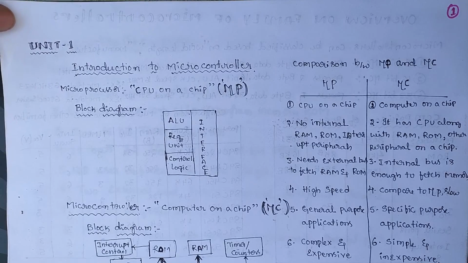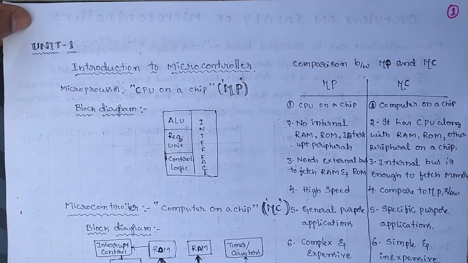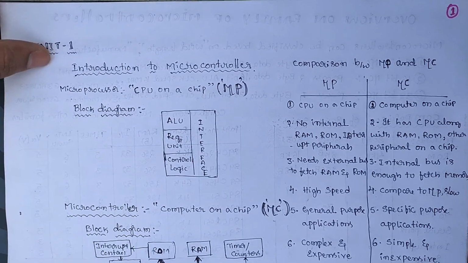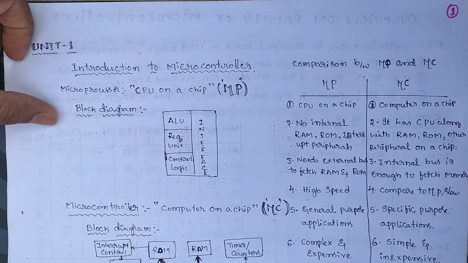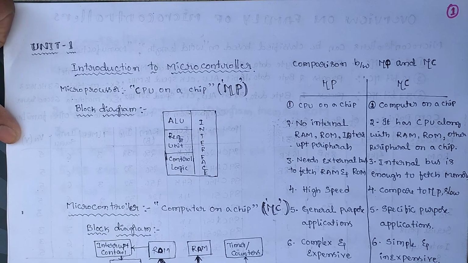We are going to discuss some comparisons between the microprocessor and the microcontroller. The microprocessor is a CPU on a chip, and the microcontroller is a computer on a chip, because it incorporates memory, IO, timers and counters. Therefore it is considered a computer on a chip.